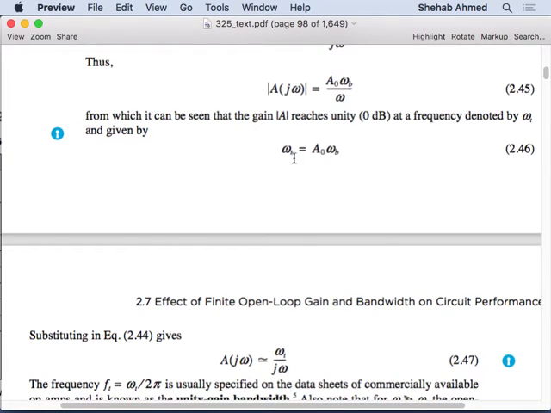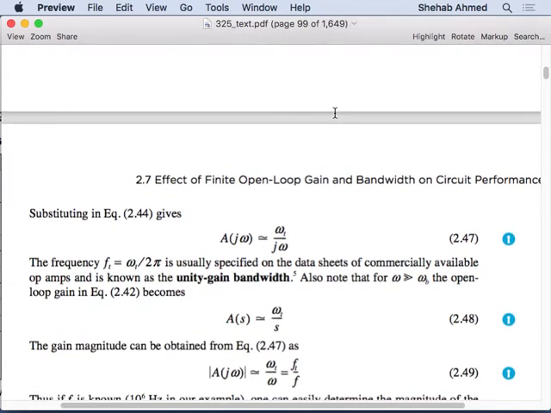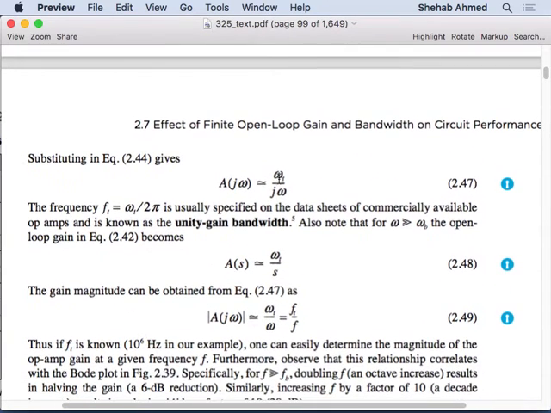So if you take this and substitute it in here, you get the unity gain, right? That's what they're saying. So this is the general format for the equation for the gain. If you write this in terms of frequency, since s is j omega, this is omega t over omega, or ft over f. So you will find that gain will be equal to ft over f.